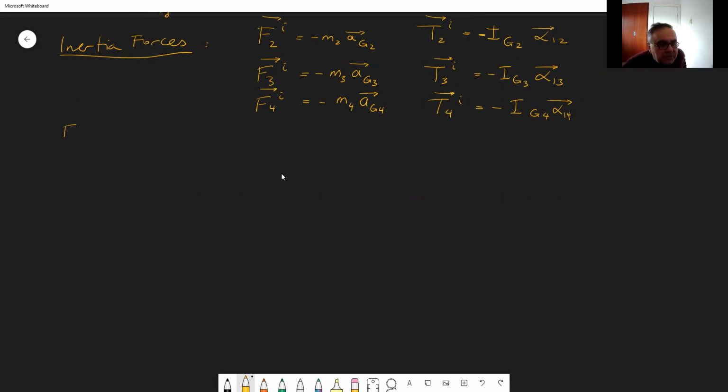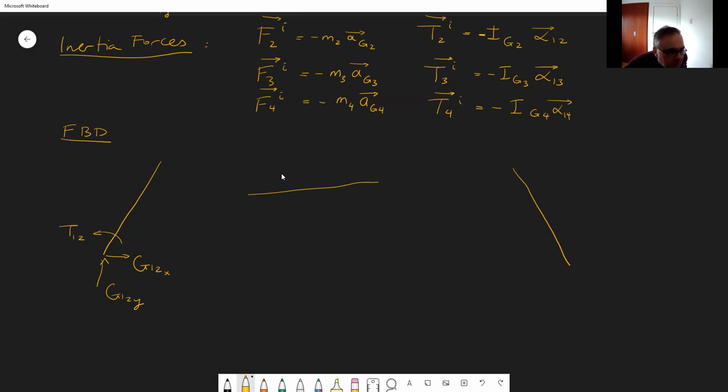So we draw the free body diagrams now, free body diagram for links 2, 3, and 4. So link 2, let's say link 3 and link 4, let's say. Okay. So what are the forces? Let me just draw them. F12 to X1 is T1,2.